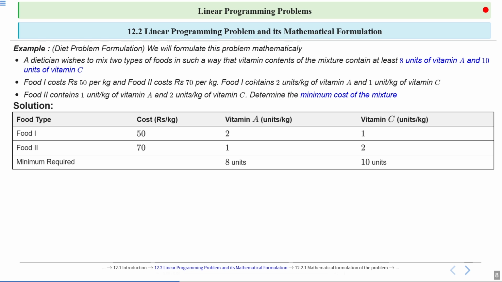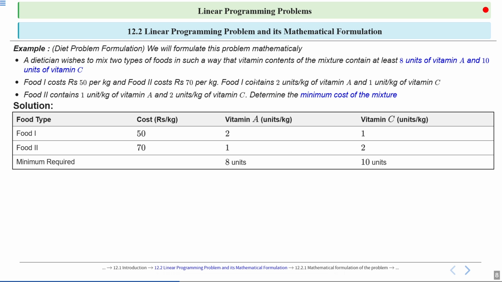This table shows information about two types of food, food 1 and food 2, along with their cost and the amount of two vitamins, vitamin A and vitamin C, they provide per kilogram. Food 1 costs 50 rupees per kg and gives 2 units of vitamin A and 1 unit of vitamin C per kg.